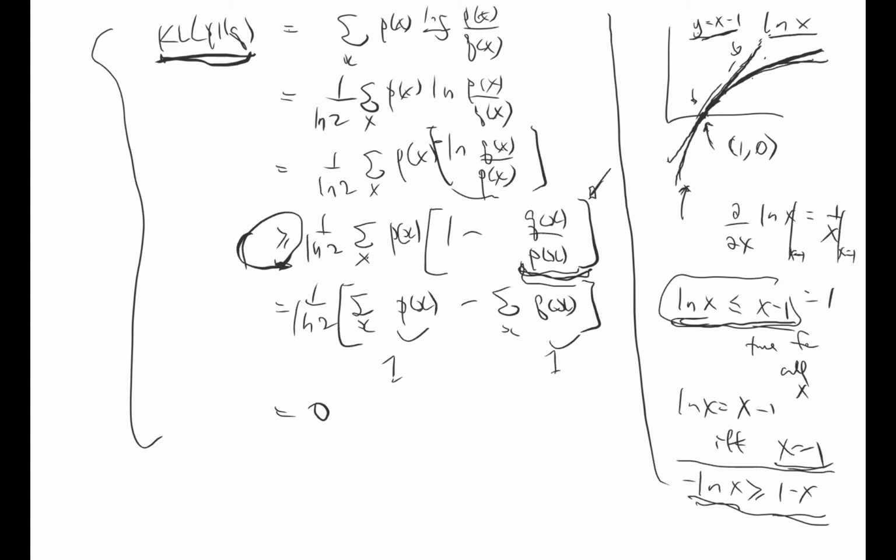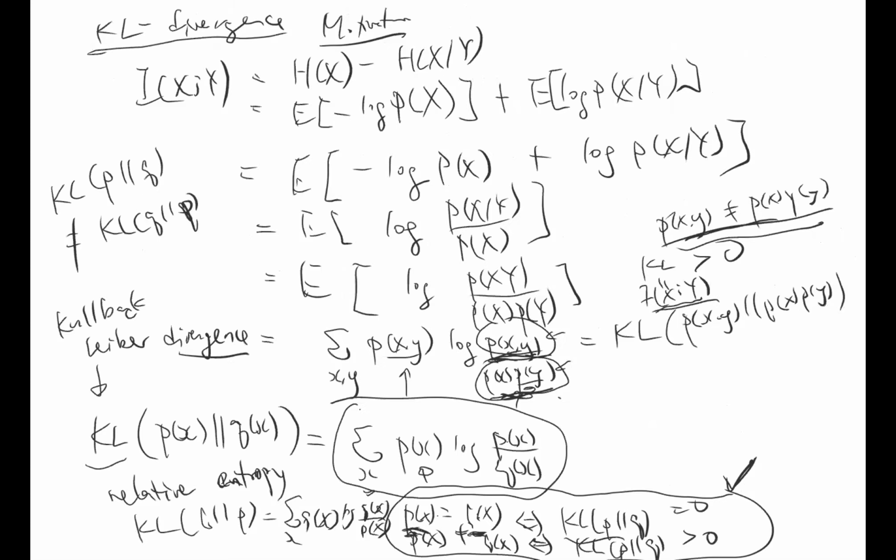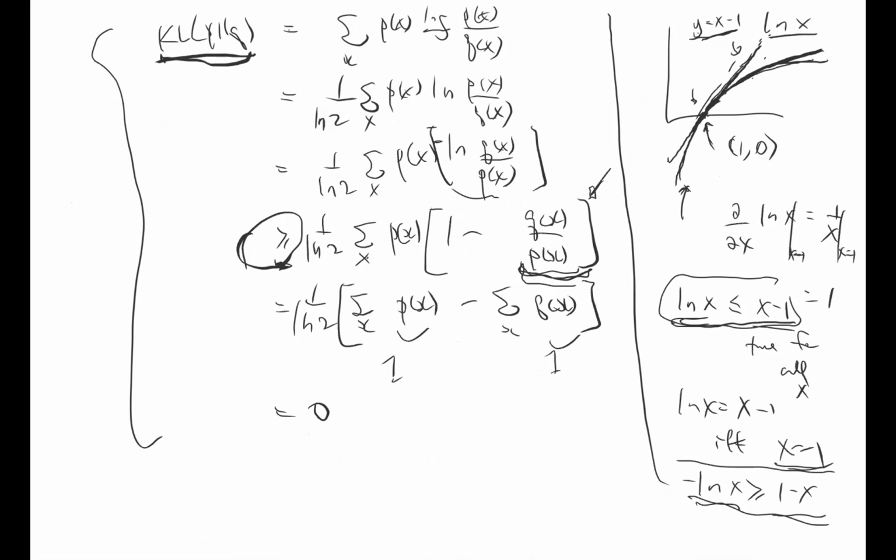So we just basically showed what we claimed earlier. Now, with that, we can go back to the mutual information. Yes, can you go to the previous page? Just before equals 0, we have the summation over x of p of x minus the summation over x of q of x.